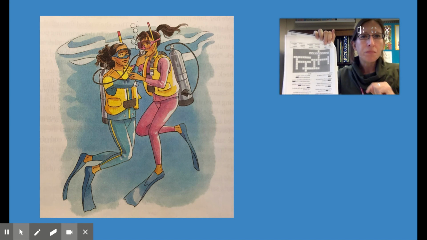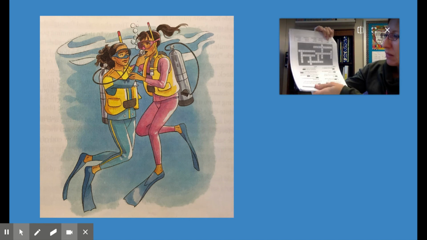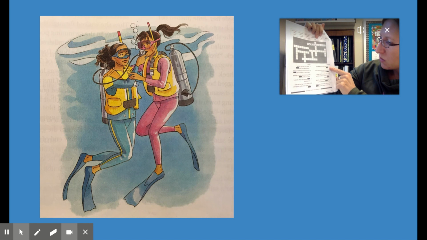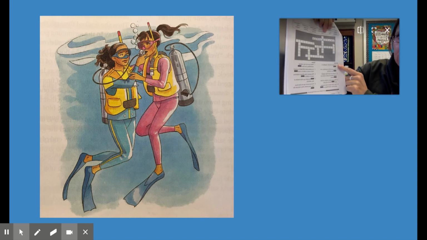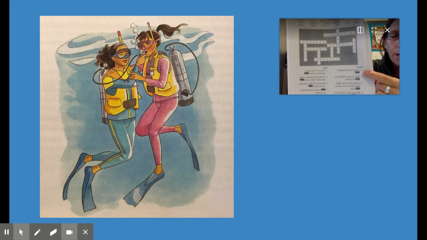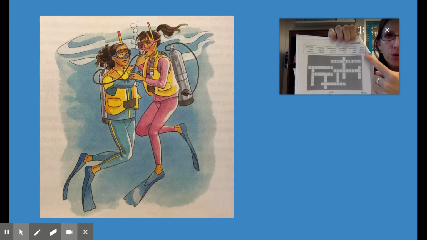So I'll take a picture so you can see the ones that we skipped. But I think the rest of this is kind of fun to do, and I'd like you to try it. Number 2 across says, another word for teacher is... And up here at the top, we have our word bank, and this is where we're going to choose our words from.